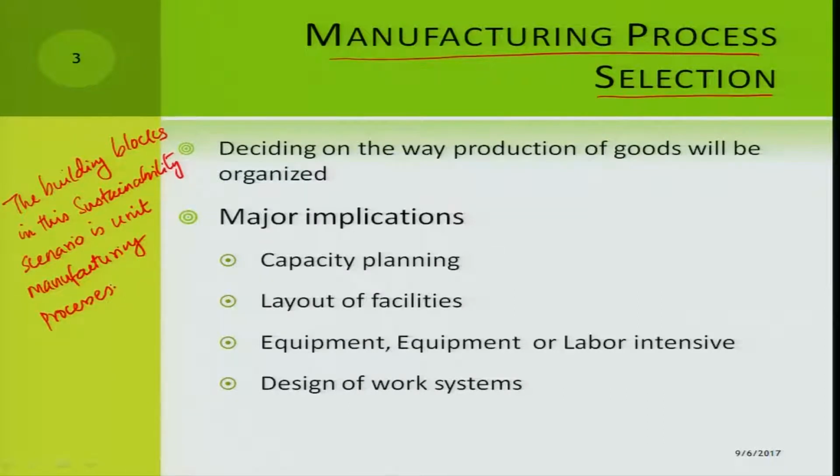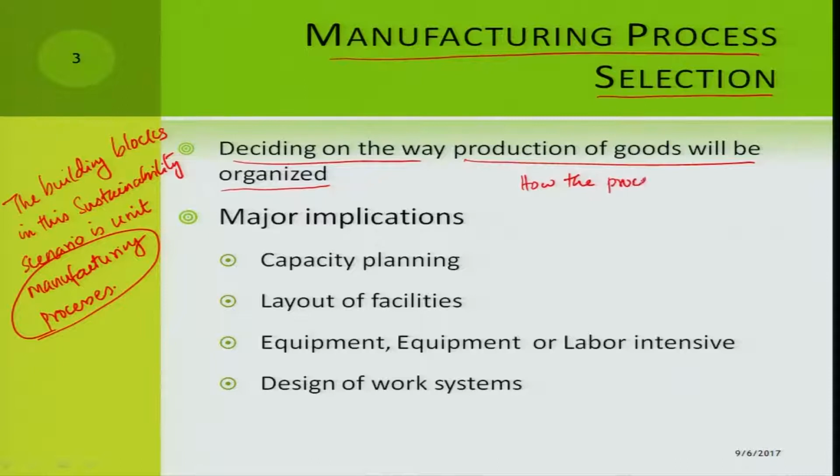So the most important thing is you have to decide which manufacturing process you are going to choose. What is the right process selection? It is typically decided by the way the production of the goods will be organized. How the process is organized, that question to a large extent determines the way the production of the goods will be organized.